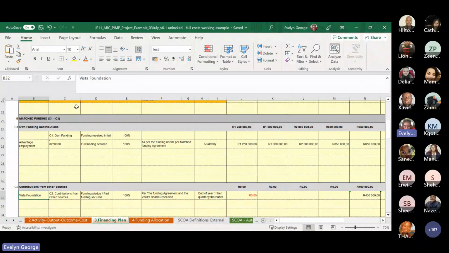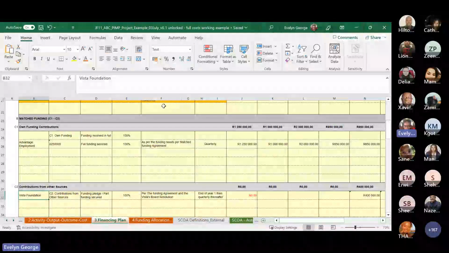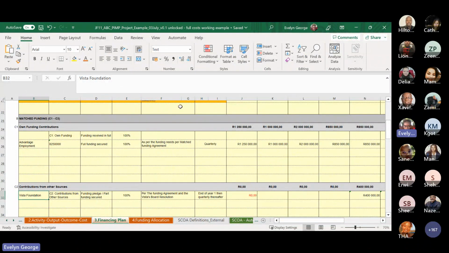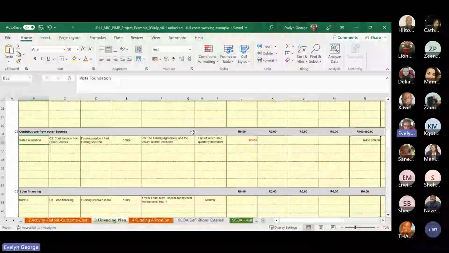I think these were discussed in the last session, and the project example also gives us an idea of how these are set out.